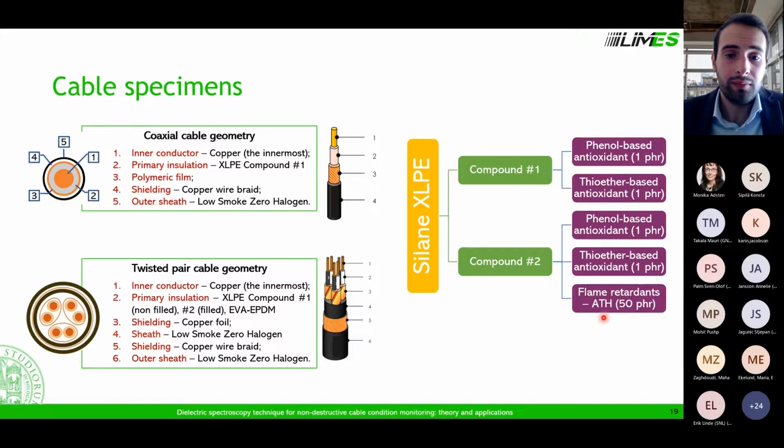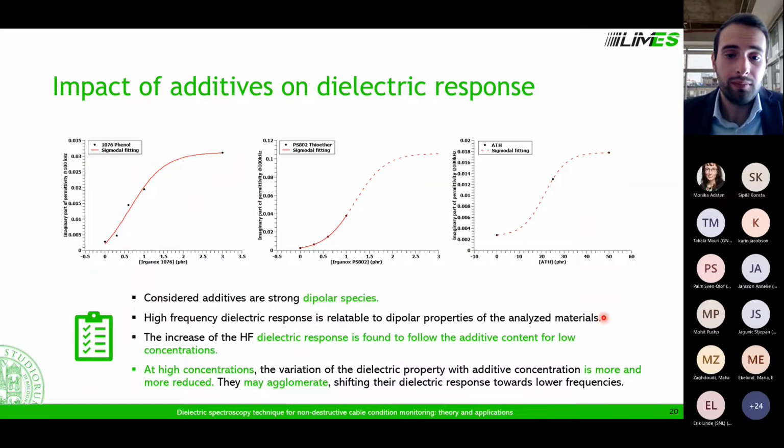The first analysis that we performed is how the concentration of additives impacts the dielectric spectrum. Here you can see the trend of the imaginary part of permittivity at high frequency as a function of the concentration of the primary antioxidant, secondary antioxidant, and ATH.